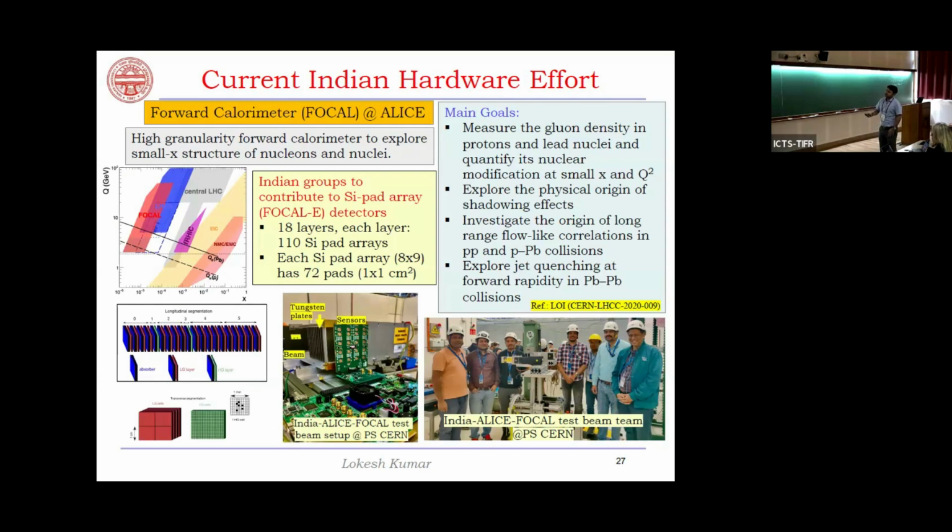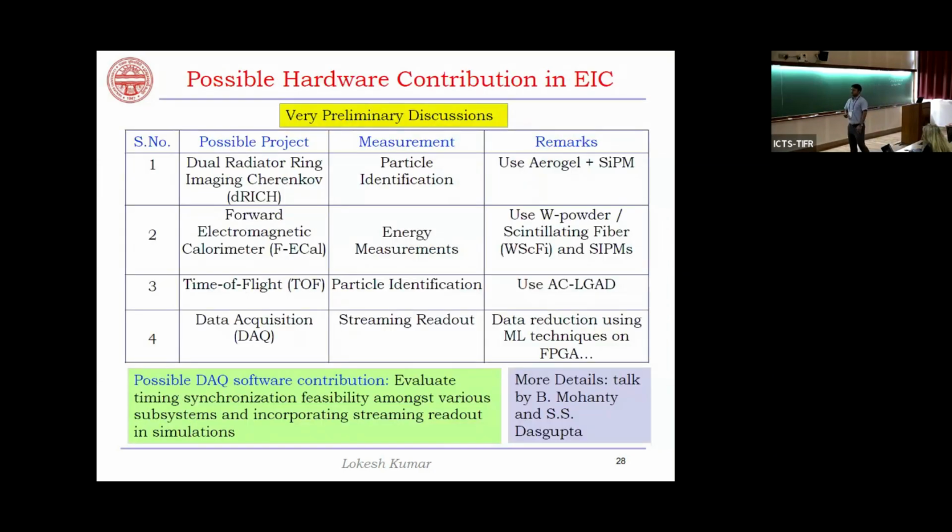You can see this plot I have also shown. This region is covered by the FoCal detector. These are the layers which are described here. This is the prototype detector which was tested at PS CERN, and this is the India ALICE FoCal test beam at PS CERN. So this is our current hardware project, for which we have some experience.